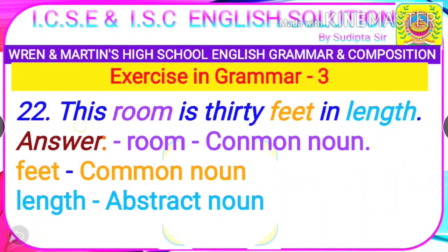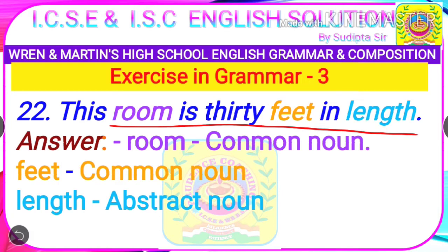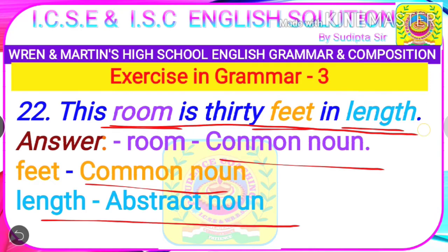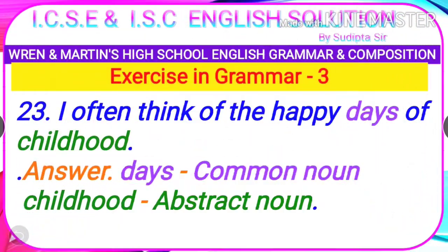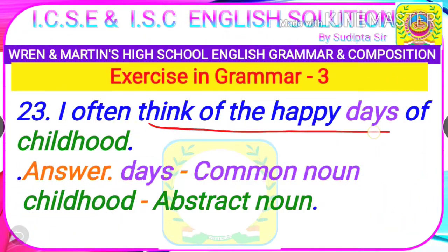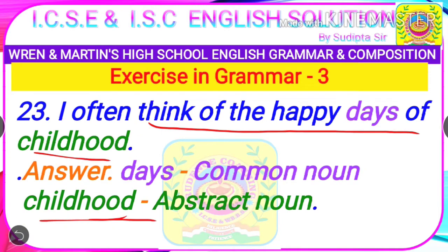Number 22. This room is 30 feet in length. Room is a common noun because it is being used here in a general case, and feet is also a common noun, and length, it's a kind of thing which can be recognized. That's why this is an abstract noun. Number 23. I often think of the happy days of childhood. So here childhood is a state, and days is used as a common noun because there are several days.